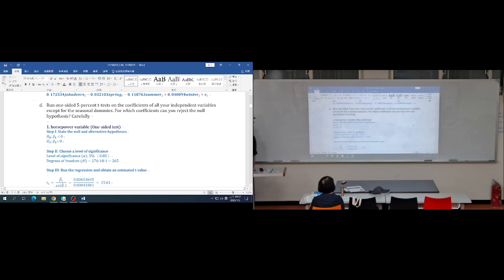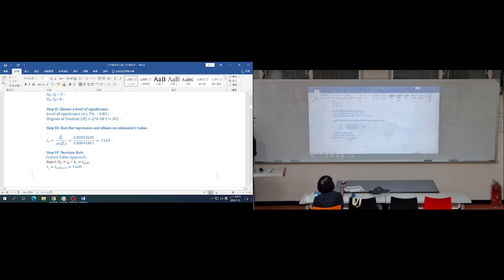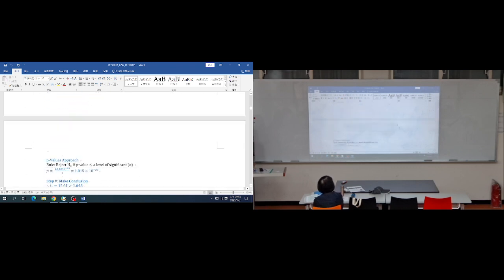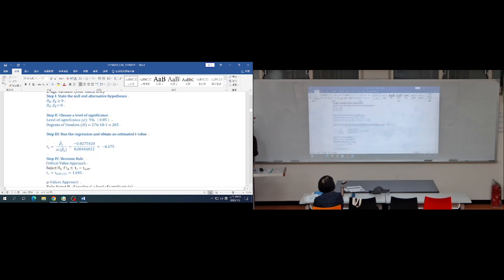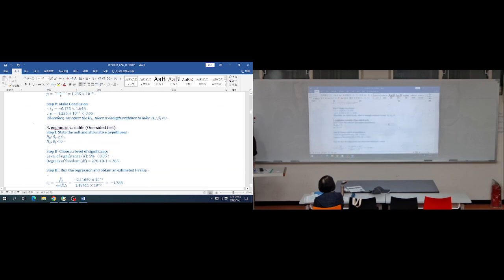For question D, I ran a one-sided 5% t-test of the independent variables. So for the horsepower variable, we reject, and for the age variable, we reject too.